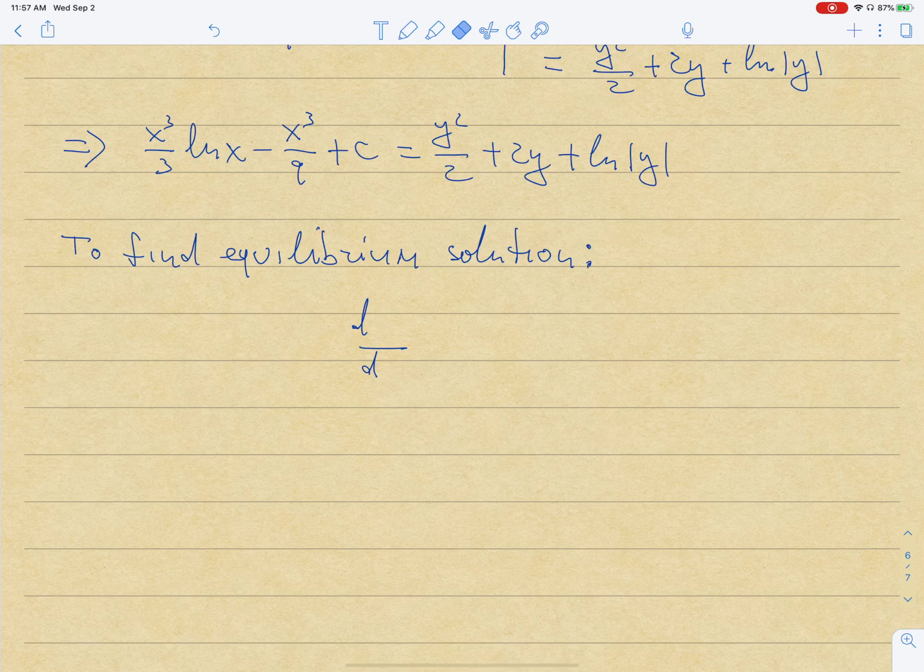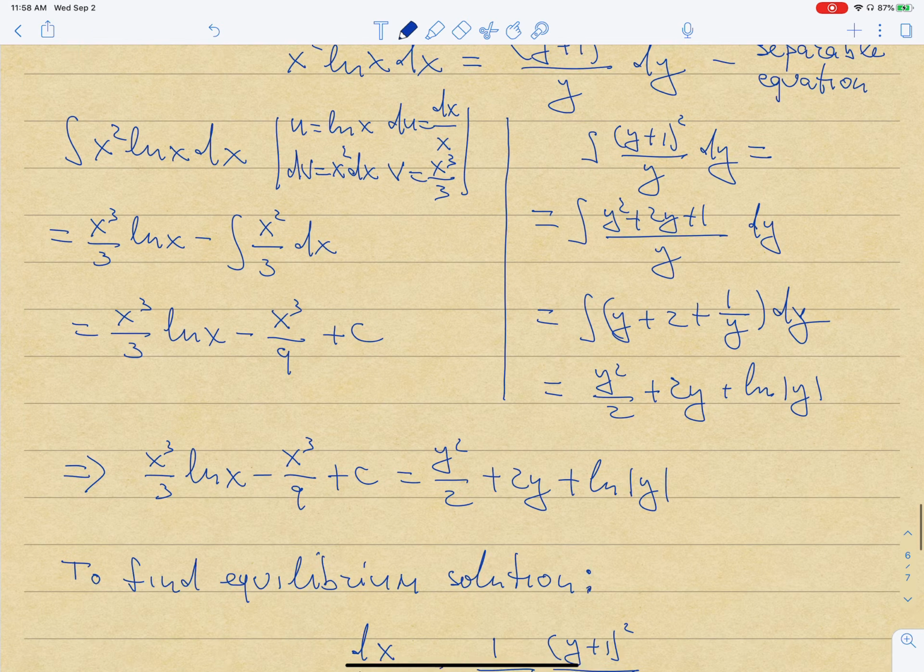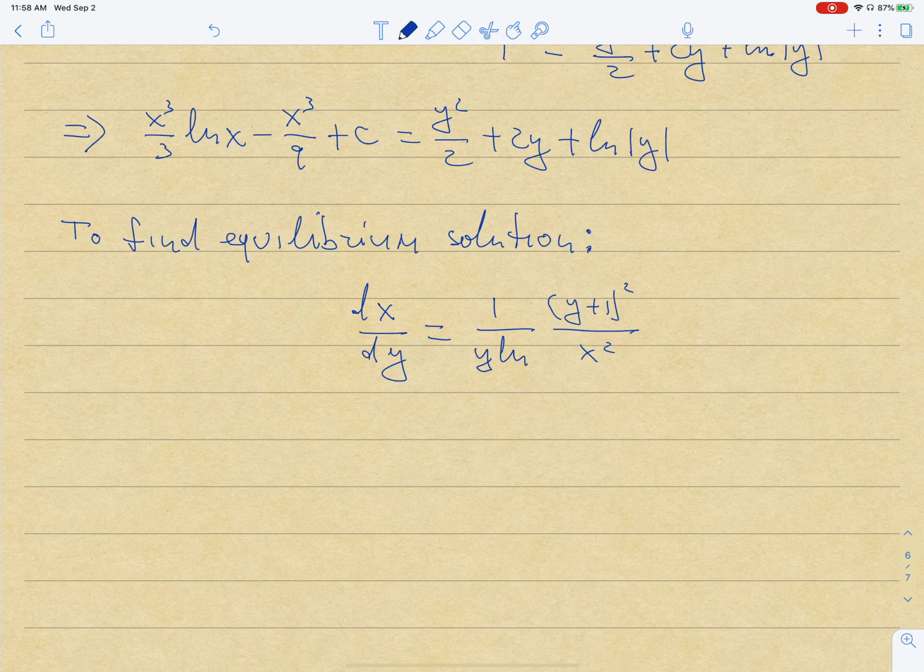So this is dx over dy equal to (y plus 1) squared divided by y, times 1 over x squared ln x. In this case, y is the independent variable and x is the dependent variable. So I'm looking for values of x.